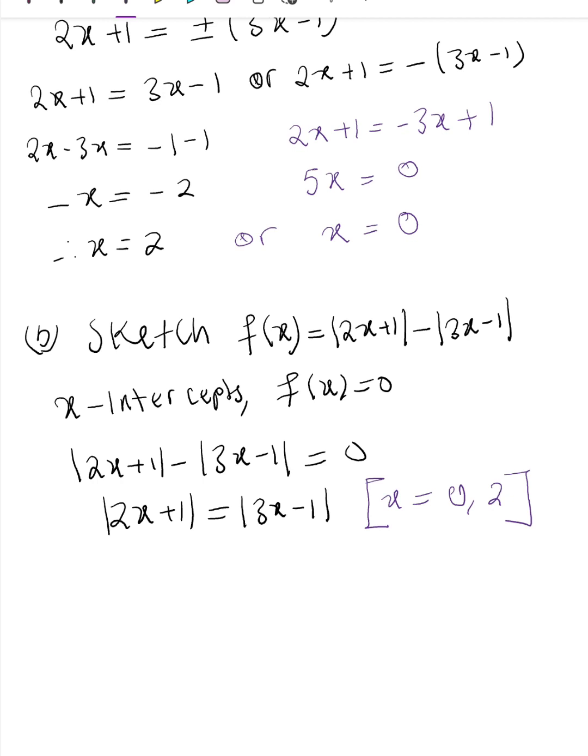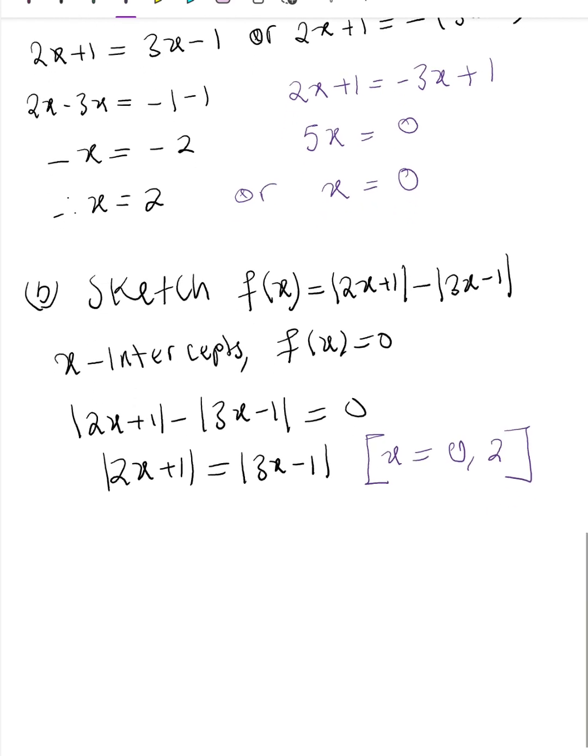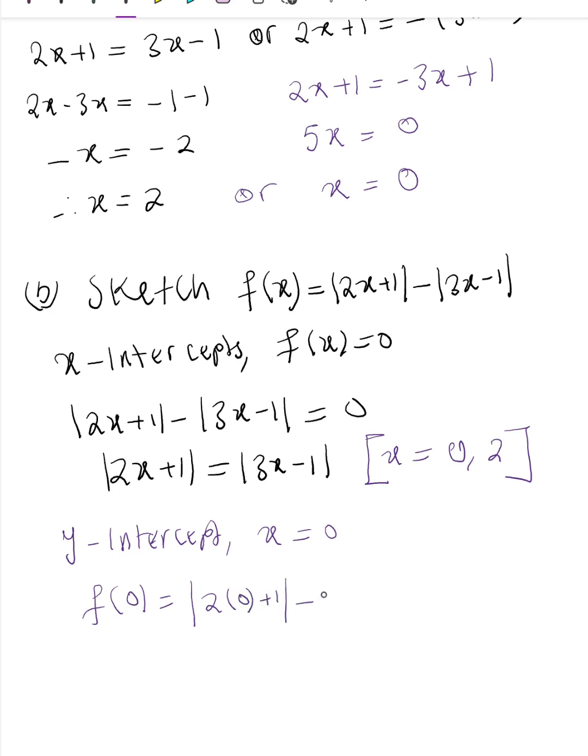Now you can get the y-intercept. Y-intercept, you know that x is equal to 0. So what is f of 0? This is just the absolute value of 2 times 0 plus 1 minus the absolute value of 3 times 0 minus 1.